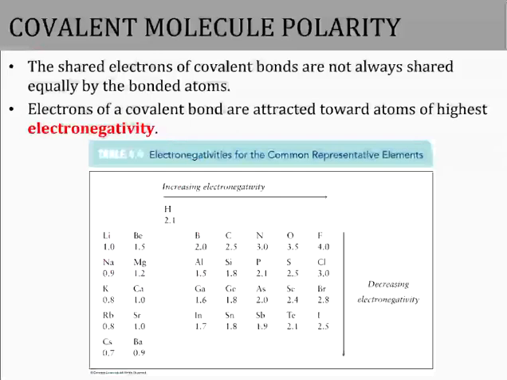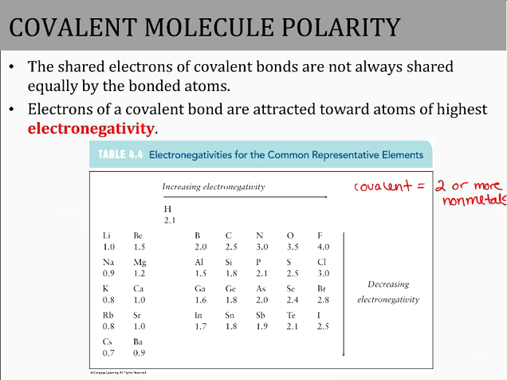Now, remember that covalent bonds are between a nonmetal and a nonmetal. So we do know with ionic bonds that electrons are transferred, but in a covalent bond, electrons are shared.